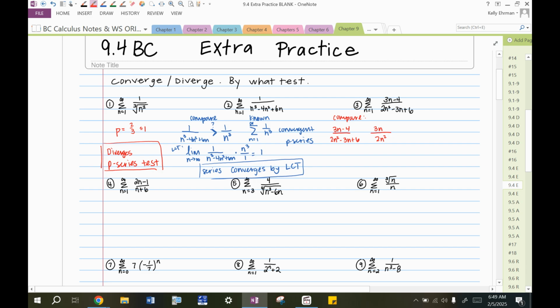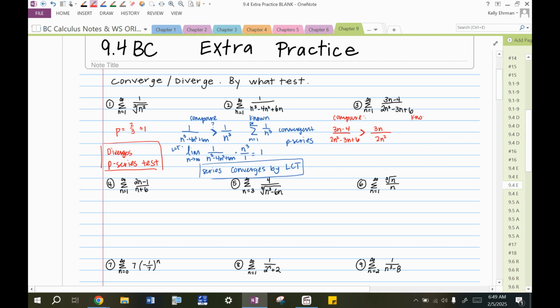I know that this simplifies to 3 over 2n, but just for comparison's sake, again, this one's kind of hard when you have a mix, but I think as n approaches infinity, the minus 4 and plus 6 are pretty insignificant. But this minus 3n will hold some weight, so it will matter. 2n squared compared to 2n squared minus 3n. So I think that this fraction is bigger overall.